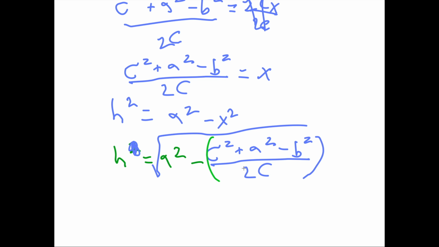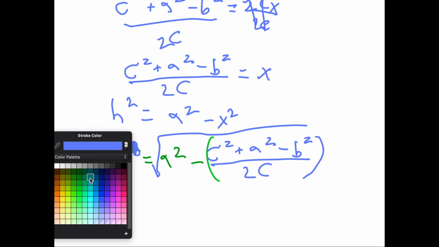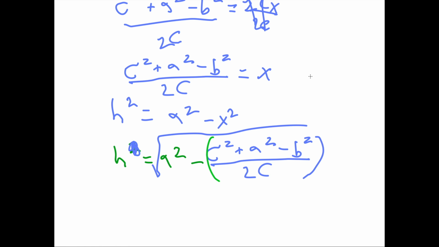Okay, so since we know what h is, we can put it in the formula for a triangle, which is area equals 1 divided by 2 times base times height, right?